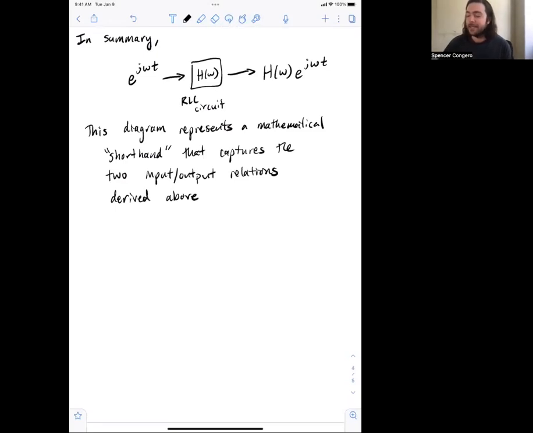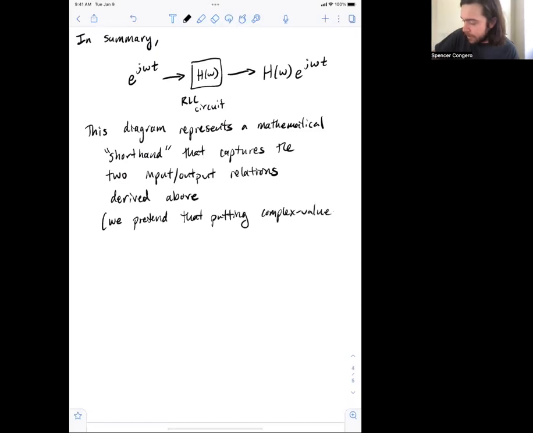So that's why I keep saying this is mathematical shorthand, because this kind of diagram is representing the two input-output relationships that we derived above that are for real. So we're going to just pretend that putting complex valued functions into circuits is okay.